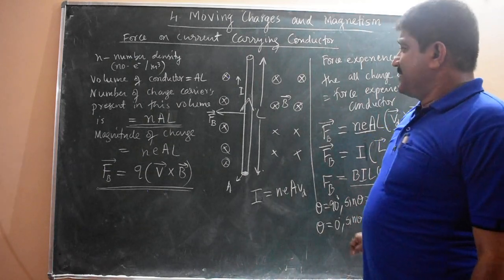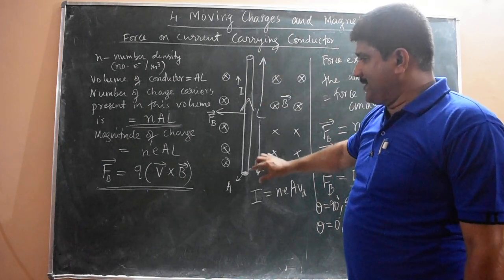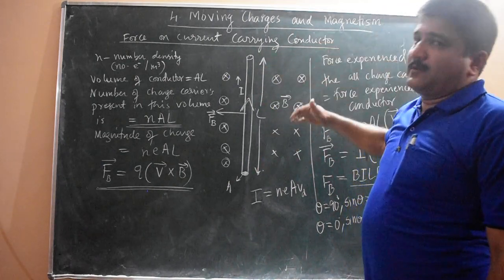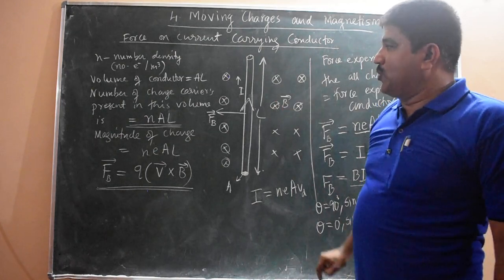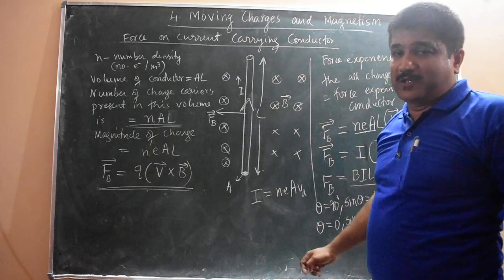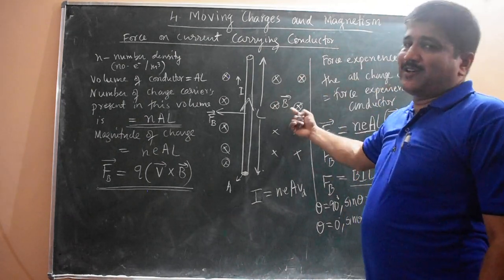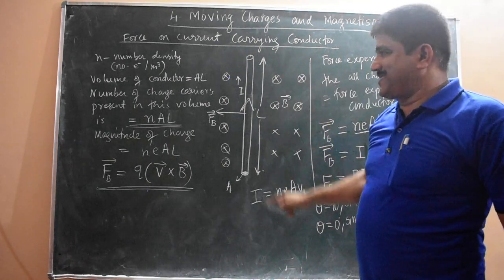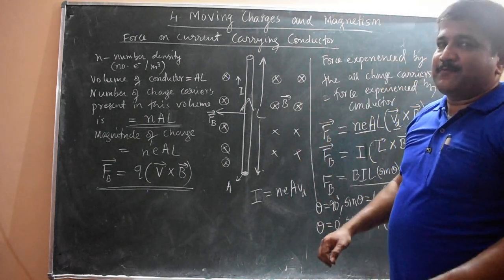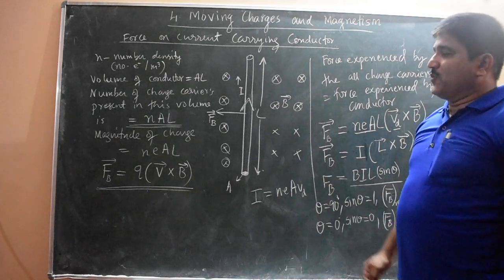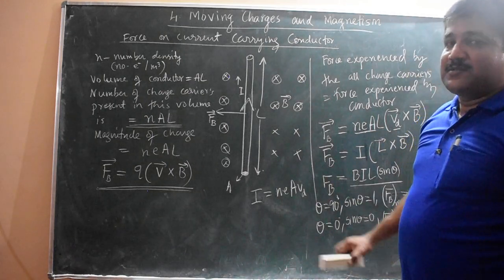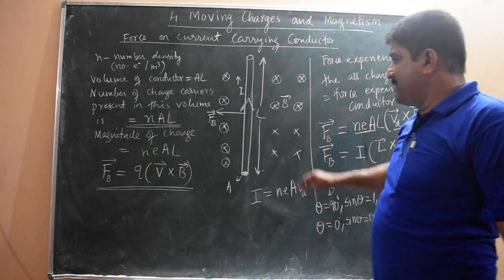That is, if I place a conductor perpendicular to the board and the magnetic field is also into the board, and the current goes into the board or comes out of the board through the conductor, then it does not experience any magnetic force. The magnetic force becomes 0 in that case.